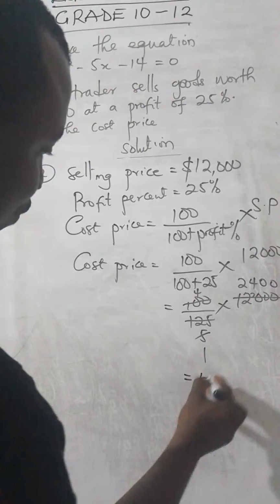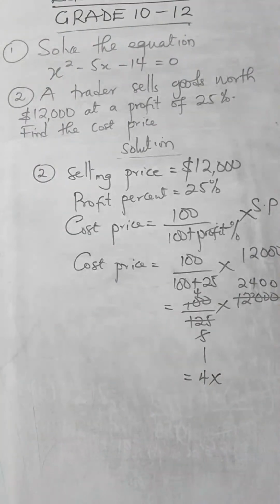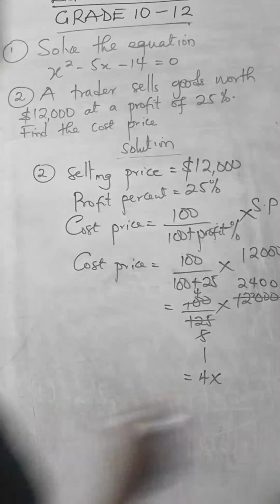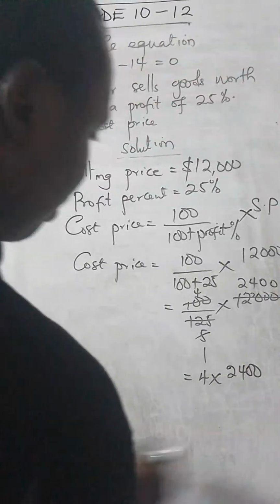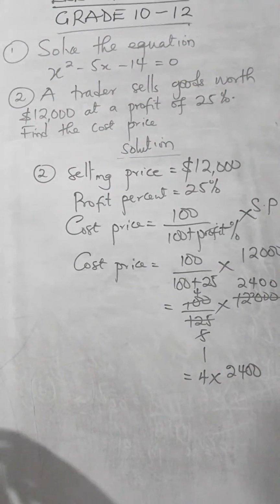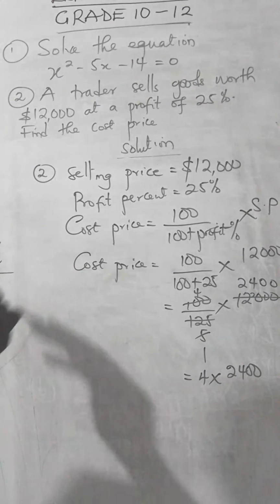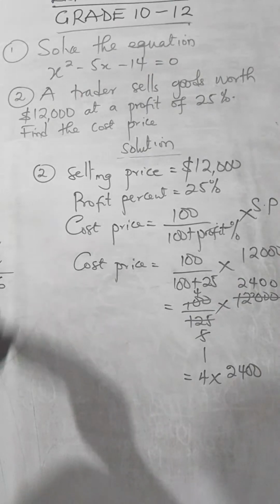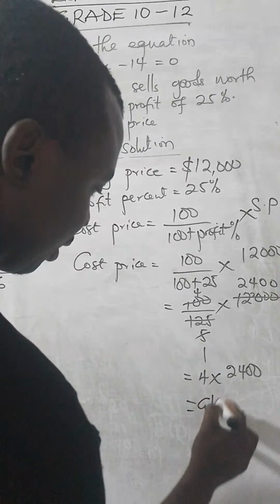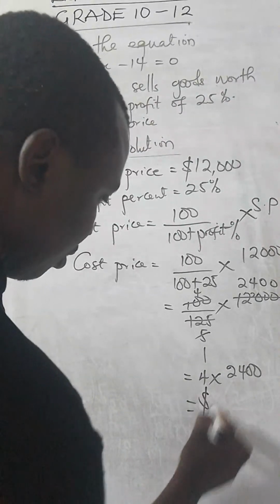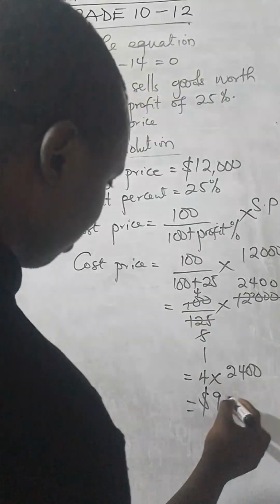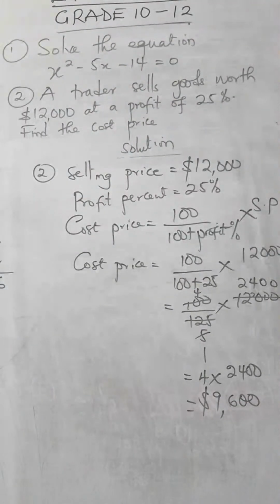So we're having 4 times 2,400. So we have 24 by 4: 4 sixes are 24. So we get $9,600. That will be the cost price.